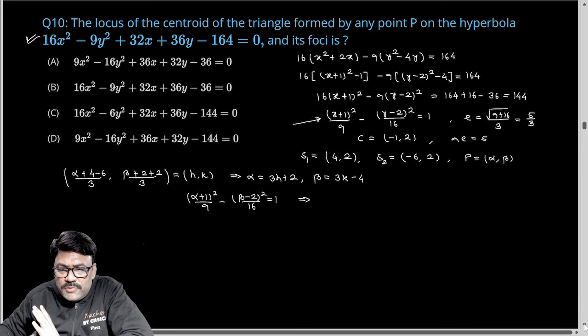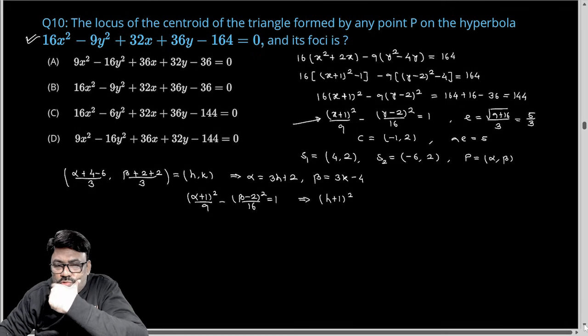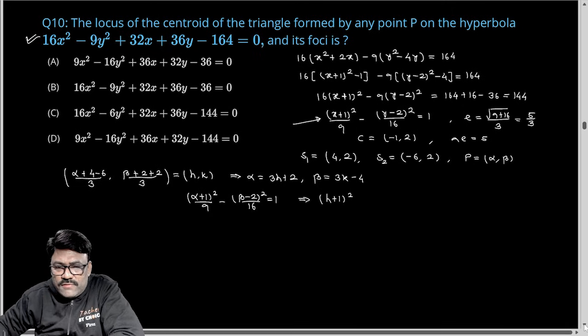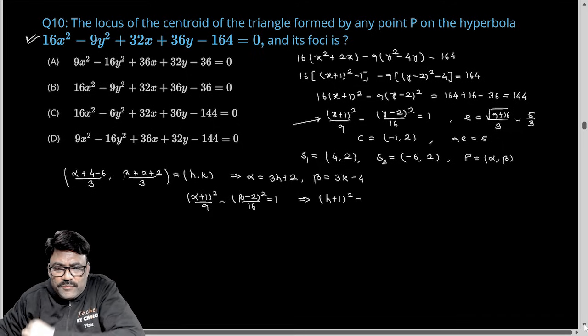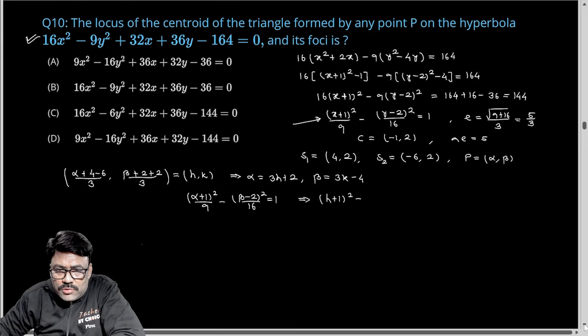So 3 can be taken common, 9 will be cancelled. So ultimately you will get h plus 1 whole square. Now beta minus 2, that is 3k minus 6. So it will be 3k minus 6 whole square by 16 is equal to 1.